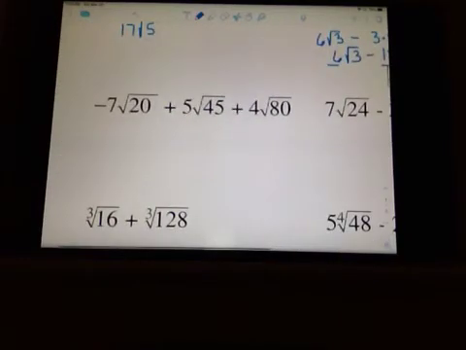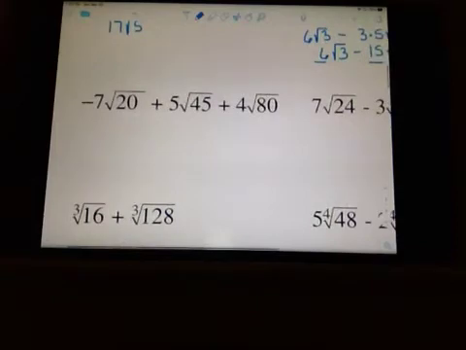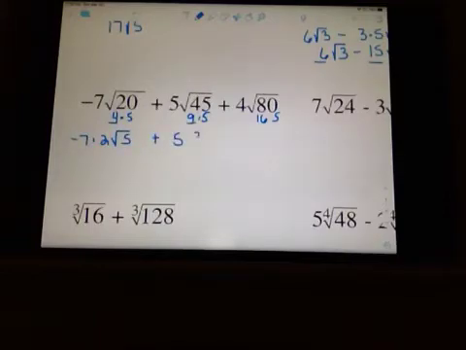All right, so none of these radicals are alike. Square root 20, square root 45, square root 80. So 20 I'm going to break to 4 times 5, 45, 9 times 5, and 80, 16 times 5. So I have negative 7 times the square root of 4 is 2, square root 5, plus 5, square root of 9 is 3, square root 5, plus 4, square root of 16 is 4, square root 5.